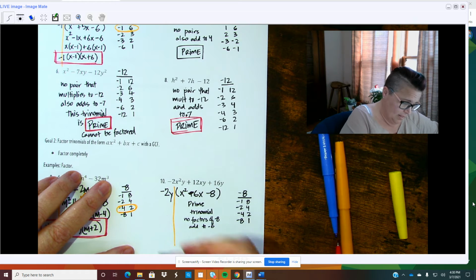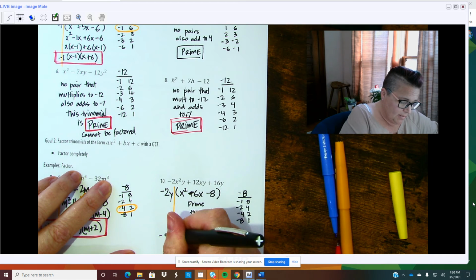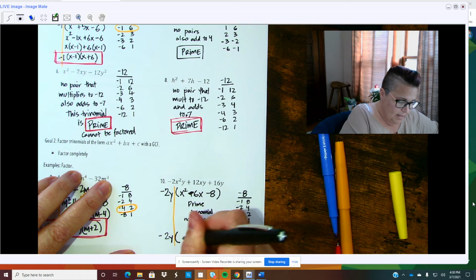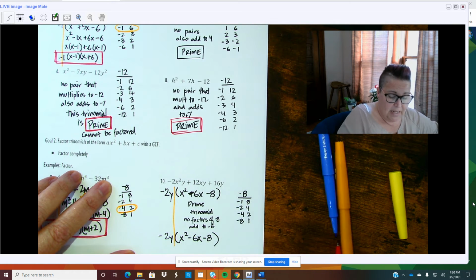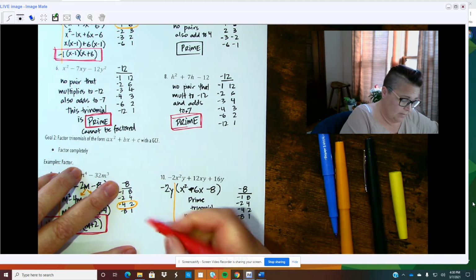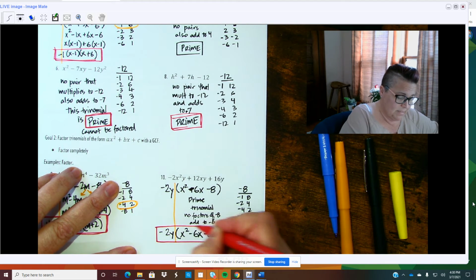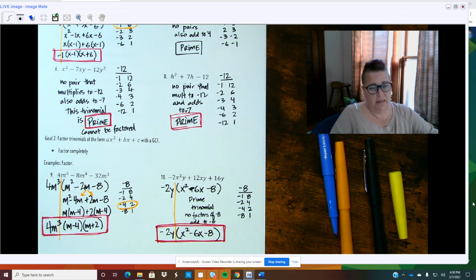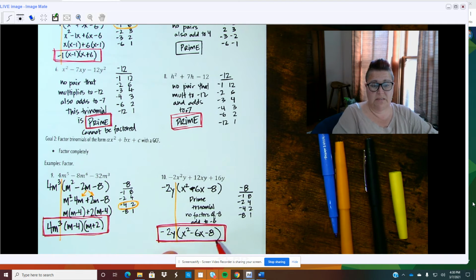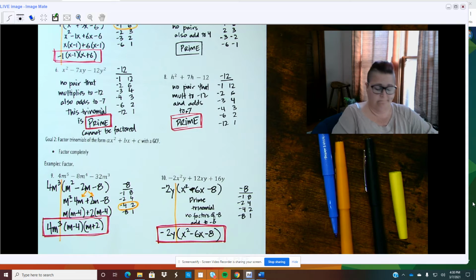I found three factors. I've got the negative 2y, but then I have the x squared minus 6x minus 8. And if I'm asking, is this done being factored, that just means this is as far as I can go. Right? It doesn't mean that this has to be factored. They can't always. It's a prime trinomial. So this is as far as I can go with factoring.